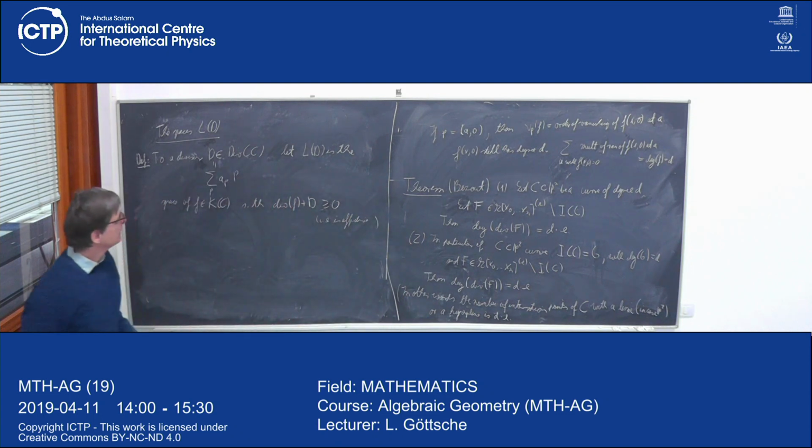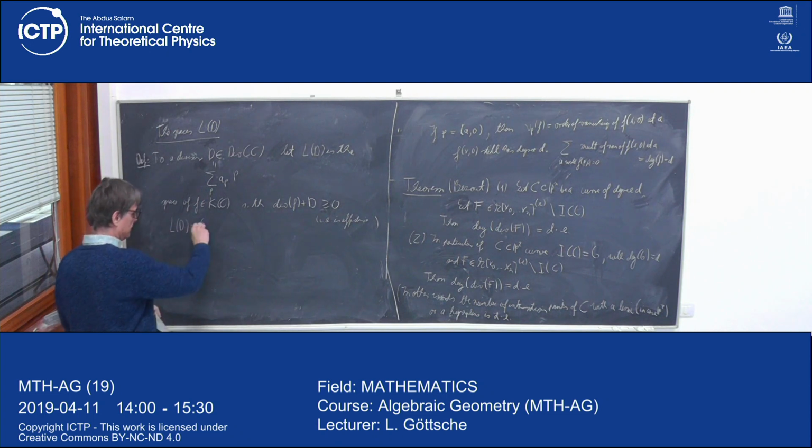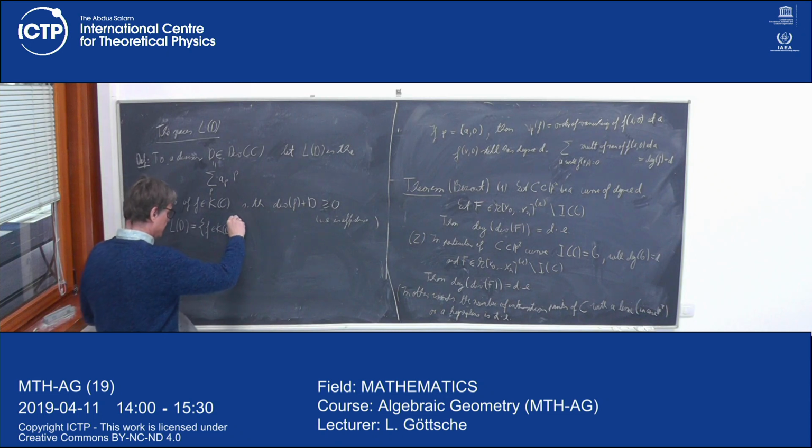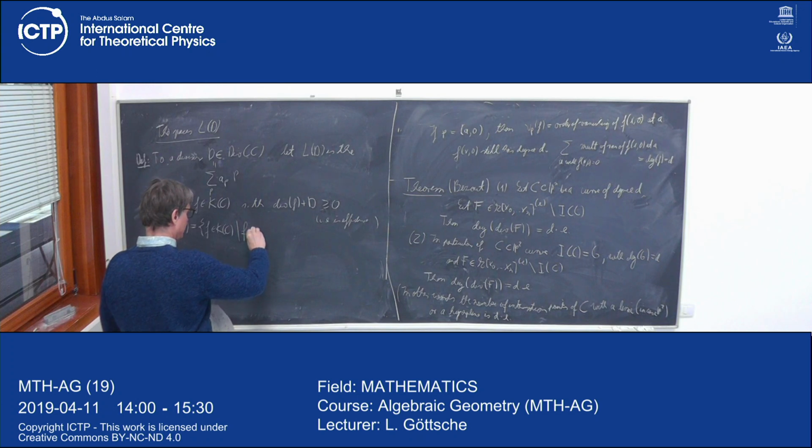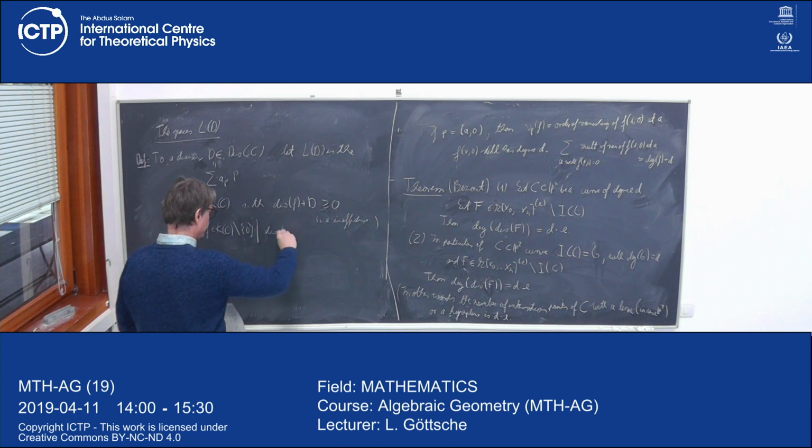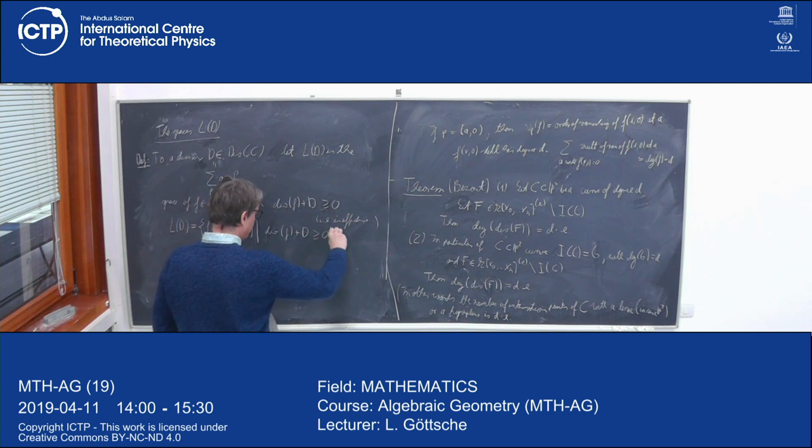So just to understand what it means, L of D is the set of all f in K(C) such that the divisor of f plus D is effective.